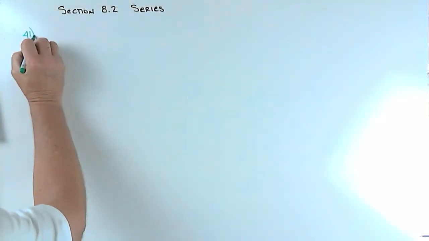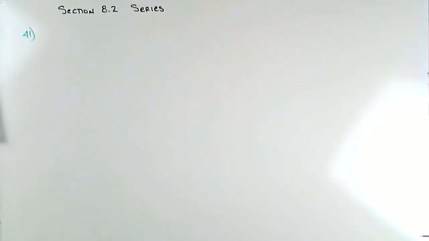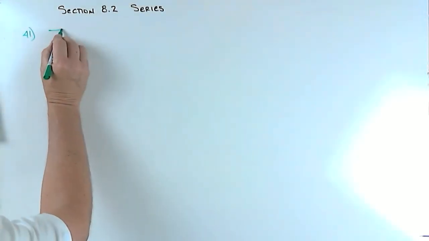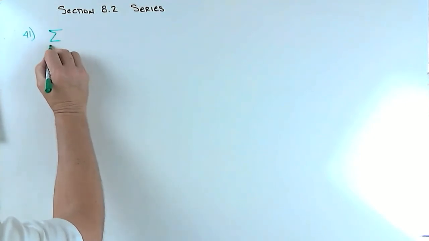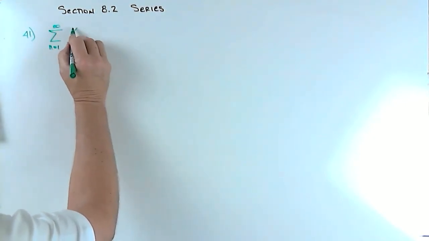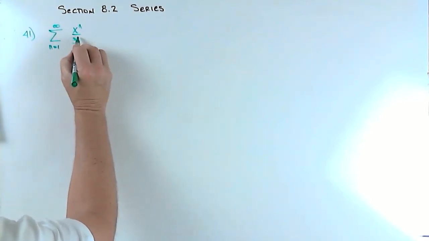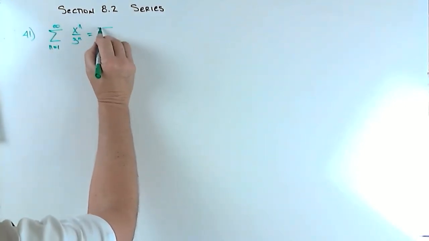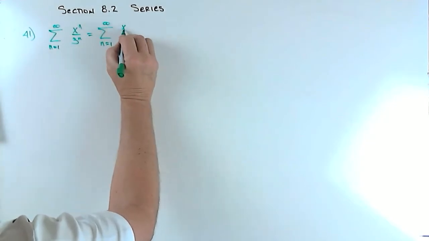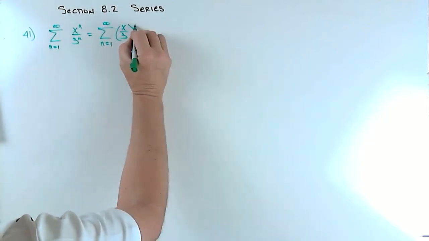Next, we'll take a look at problem 41. In problem 41, it says, find the value of x for which the series converges. Find the sum of the series for those values of x. So here we have the series n equals 1 to infinity of x to the n over 3 to the n, which is just the series n equals 1 to infinity of x over 3 to the n.